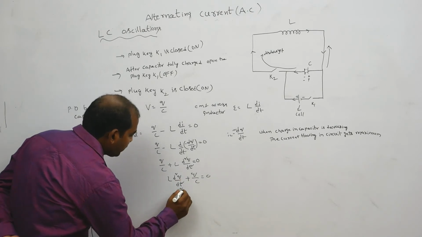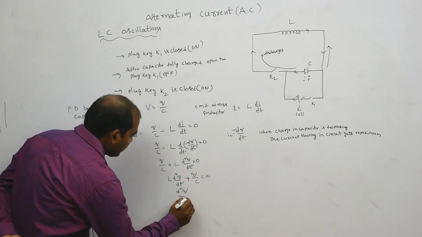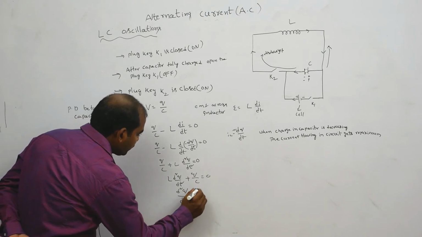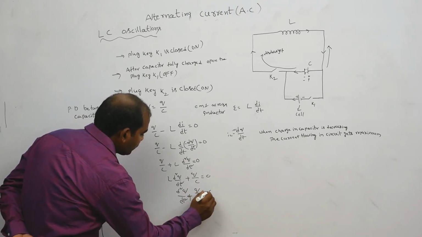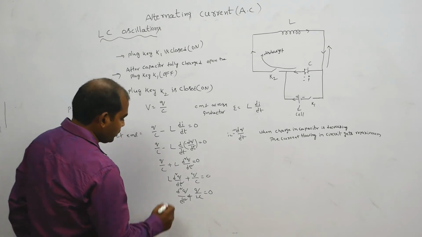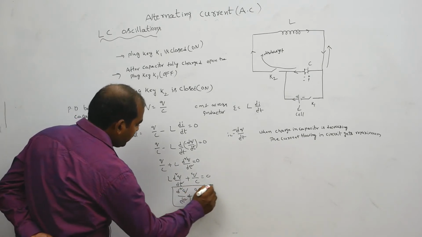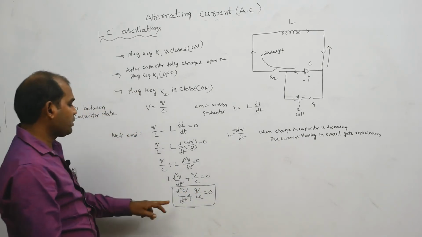This can be written as d square Q by dt square plus Q by LC is equal to 0. So this is the second order differential equation for LC oscillations.